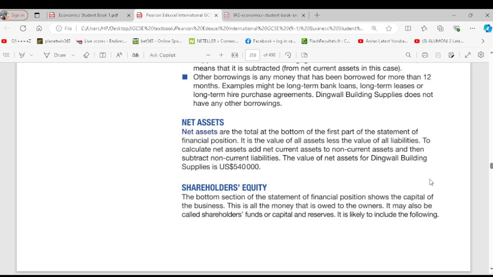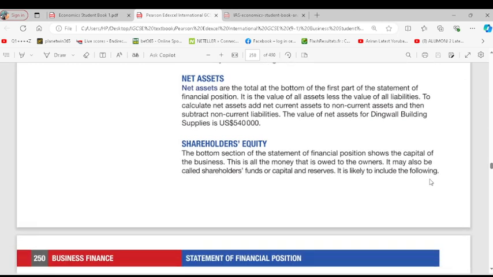You add the current and non-current assets together, and you add the current and non-current liabilities together. The difference is our net assets. It is the value of all assets minus the value of all liabilities.